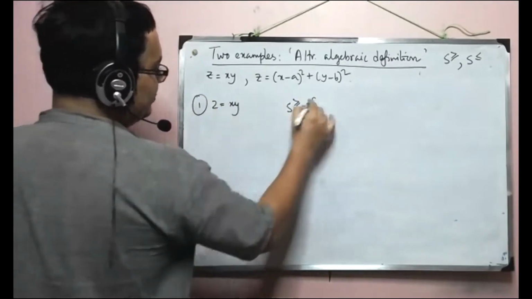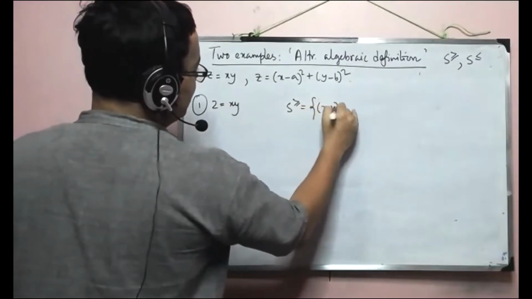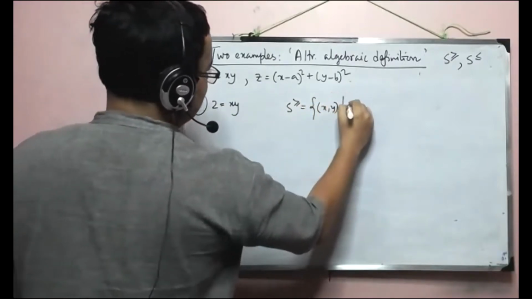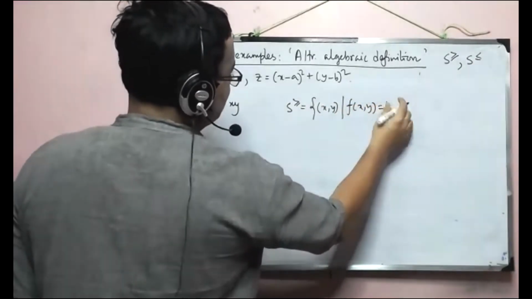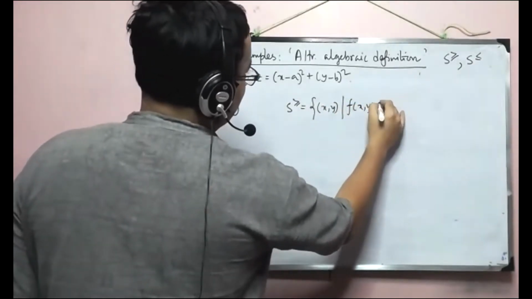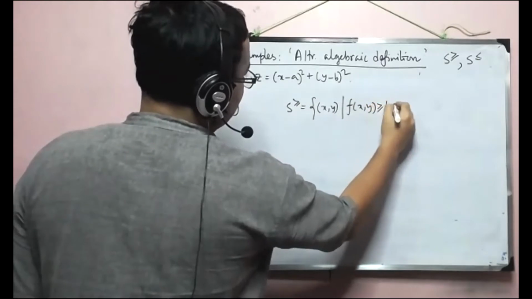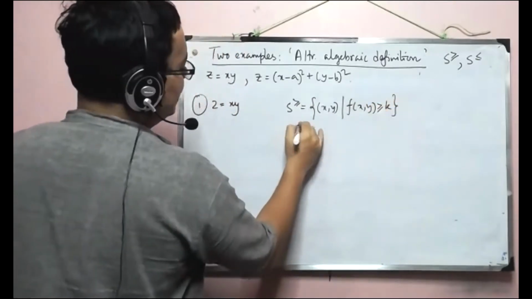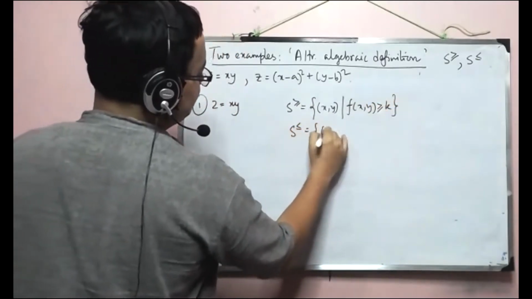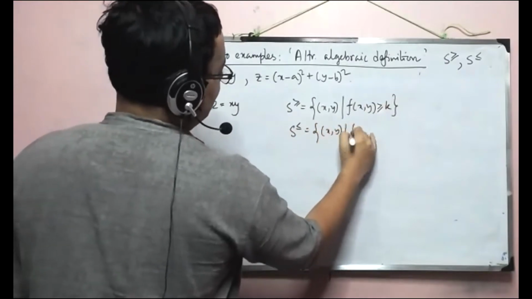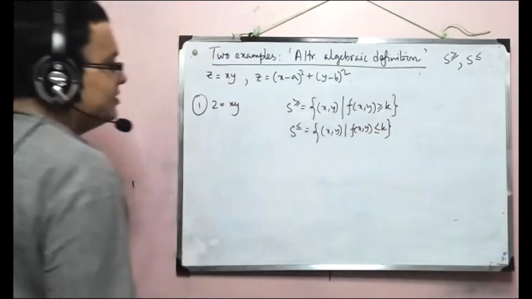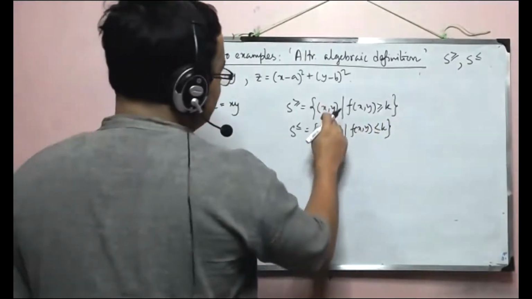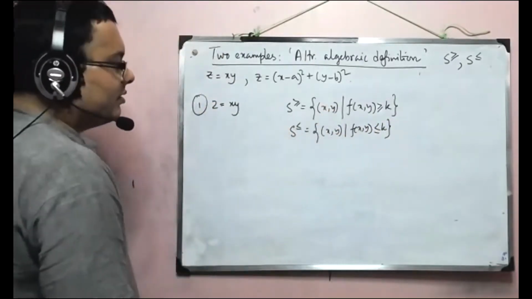Here it will not be x, it will be the collection of (x, y) such that f(x, y) is greater than or equal to k, and the other alternative is less than or equal to k. We are going to check which of these two comes out to be a convex set.